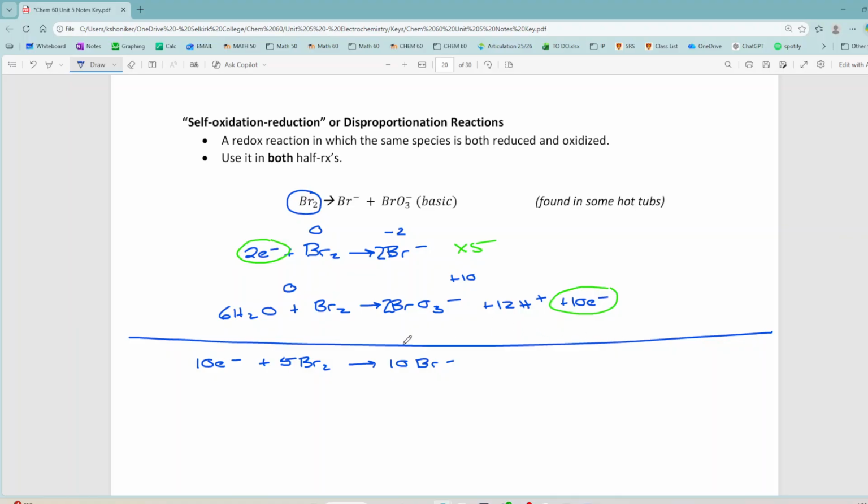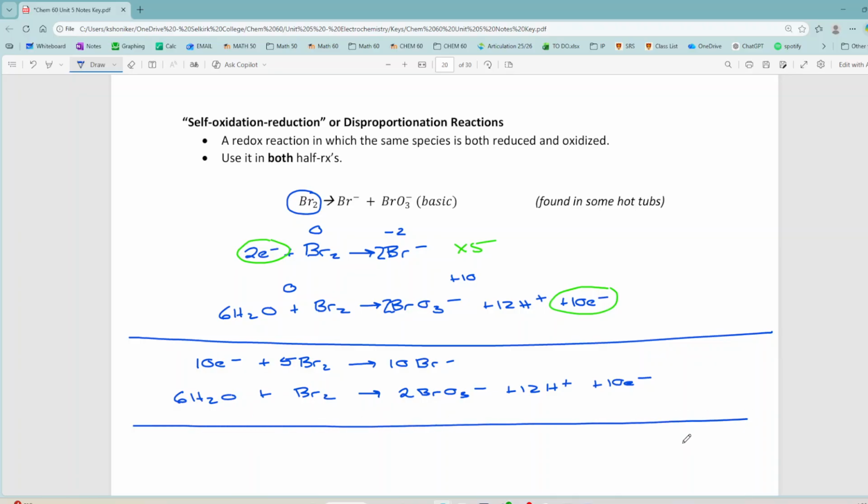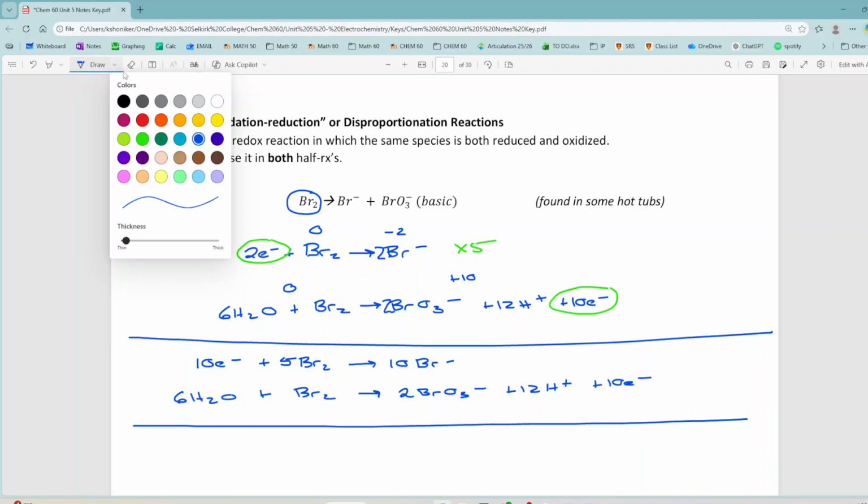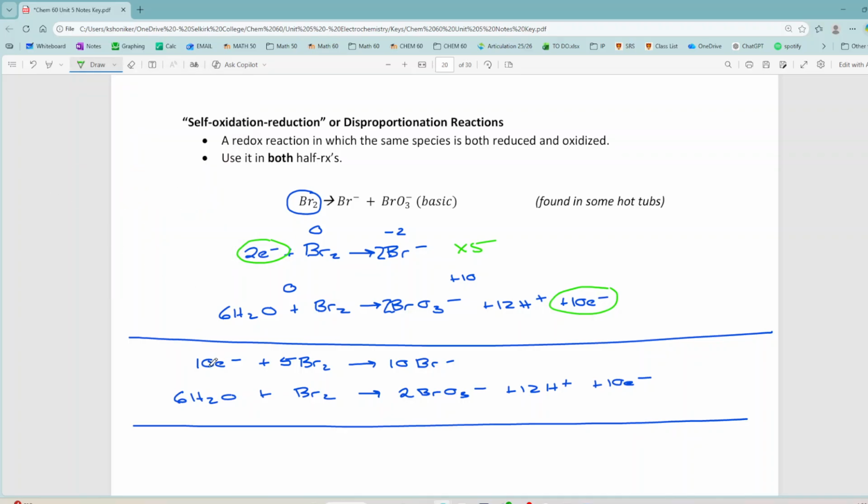So I'm going to end up with the 6 waters and the Br2 goes to 2 BrO3 minus and the 12 hydrogens and the 10 electrons. Then I'm going to combine those two. Now some people do balance both of them for basic and then go, I just don't want to do it twice, so I do it at the end. So then I'm going to cancel out. I've got 10 electrons with 10 electrons. Everything else is good.